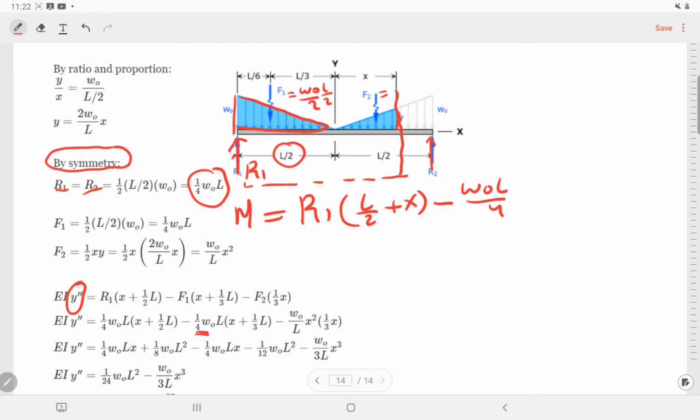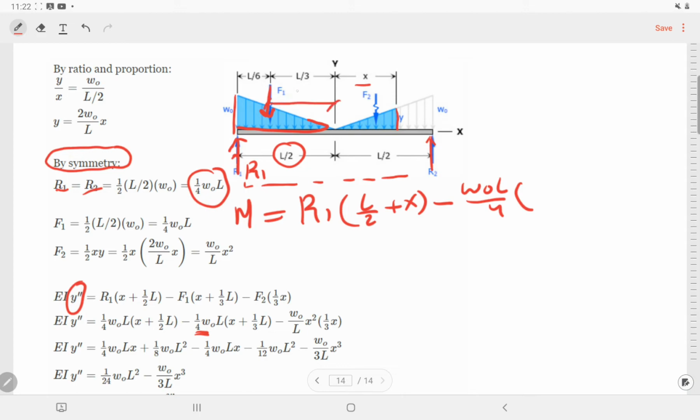Times the distance. How much is the distance from f1 to this section? This distance equals l over 3 plus x. Why l over 3? Because we know the resultant acts at two thirds of the distance from here to there.